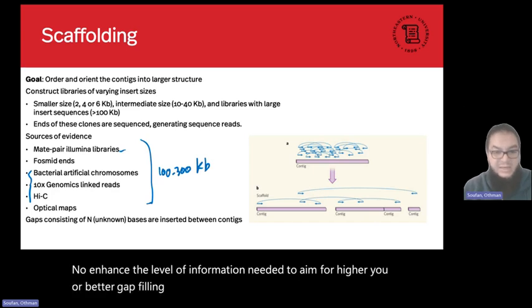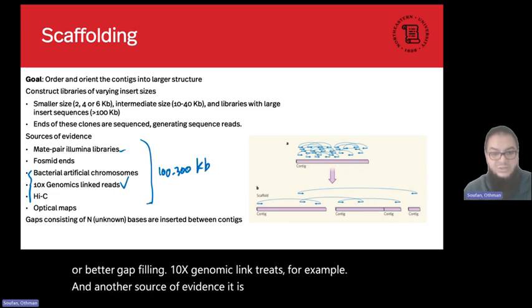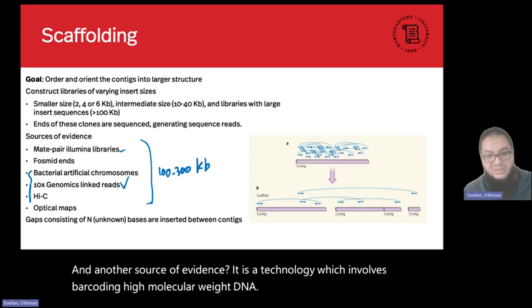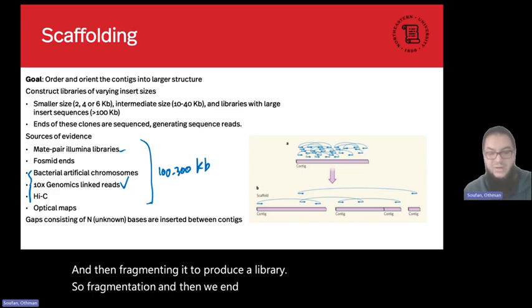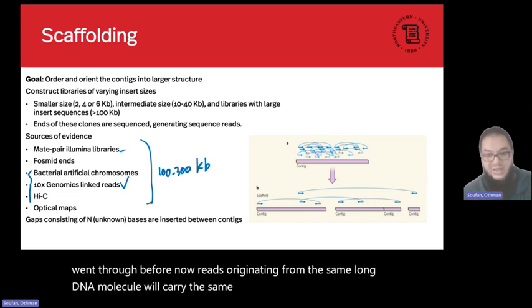10x Genomics linked reads, for example, is another source of evidence. It is a technology which involves barcoding high molecular weight DNA and then fragmenting it to produce a library. So fragmentation, and then we end up with a library, steps we went through before. Now reads originating from the same long DNA molecule will carry the same barcode. This is the idea.